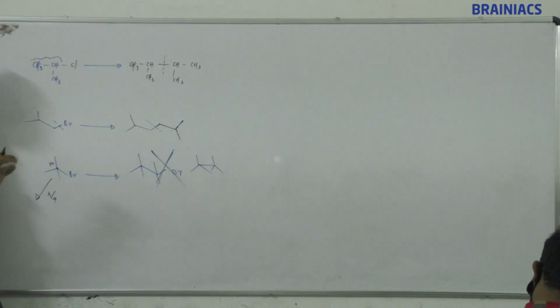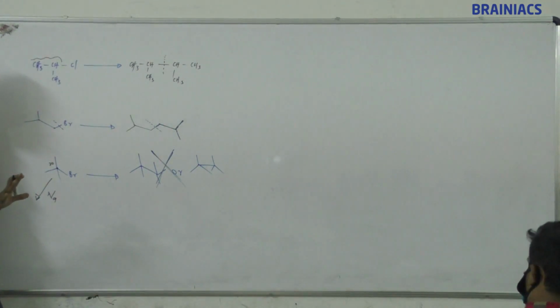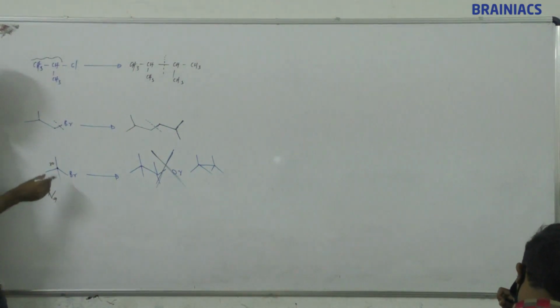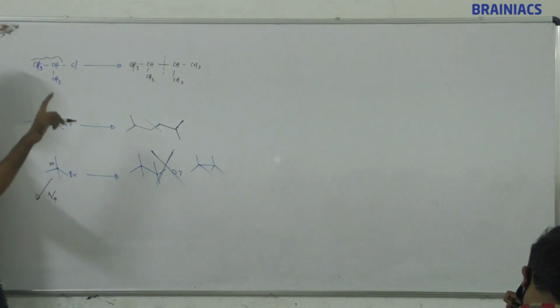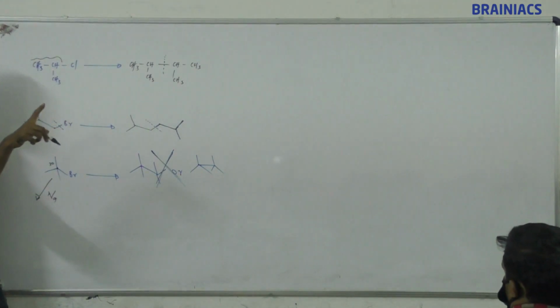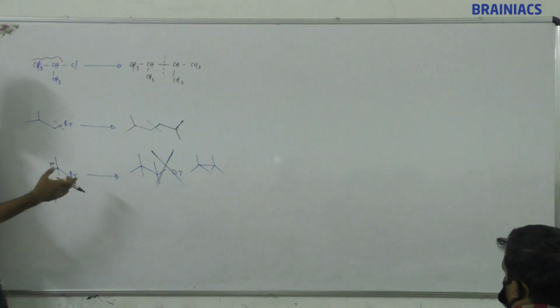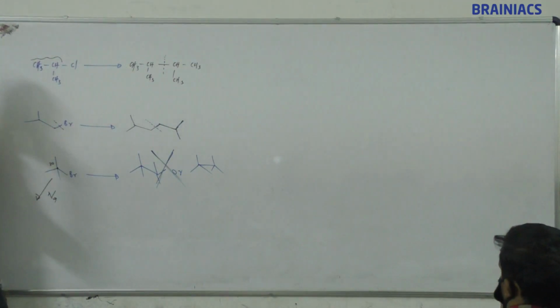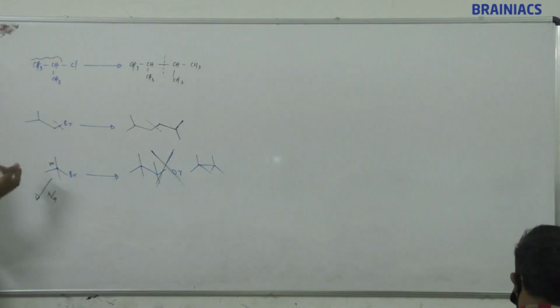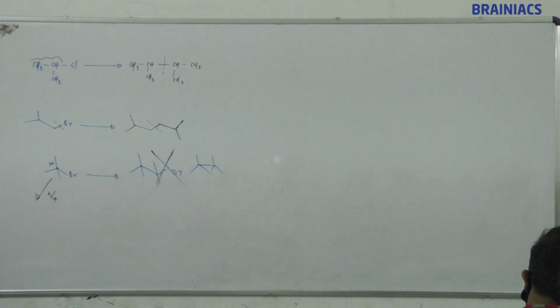In elimination, whatever the mechanism, E1, E2 or anything, the reactivity order is tertiary greater than secondary greater than primary. So if there is a tertiary alkyl halide, then there is a chance for elimination always in the presence of a base like sodium.